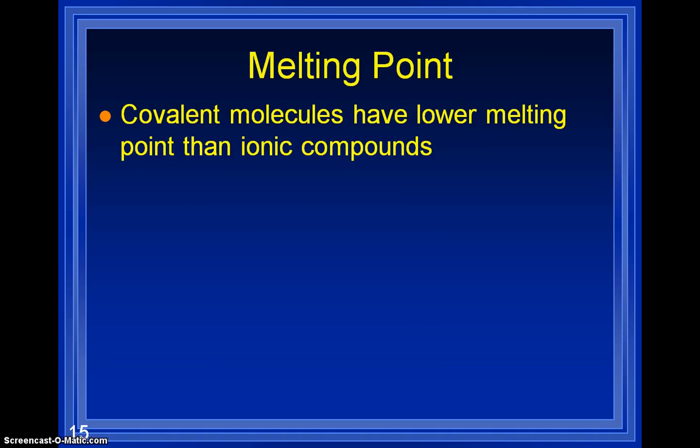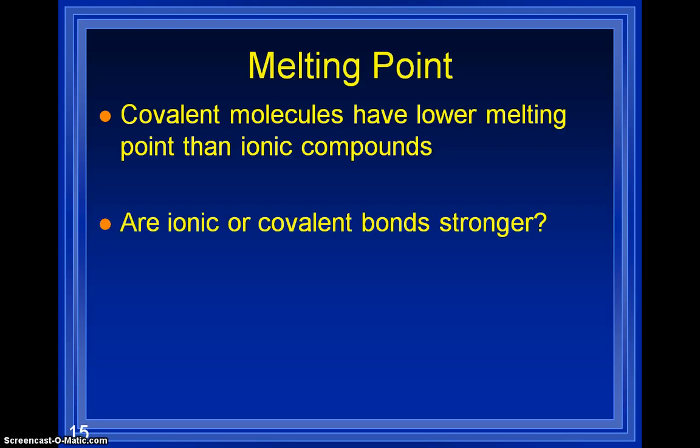Now, covalent molecules actually have lower melting points than ionic compounds. The attraction between oppositely charged particles is a lot stronger than the sharing of electrons in a covalent bond. So ionic compounds have a stronger bond than covalent compounds. And one of the labs that we're going to do, you may have already done it, is making caramel.